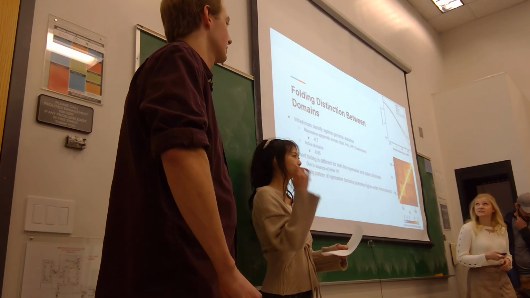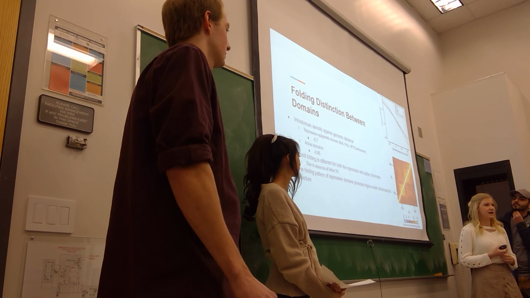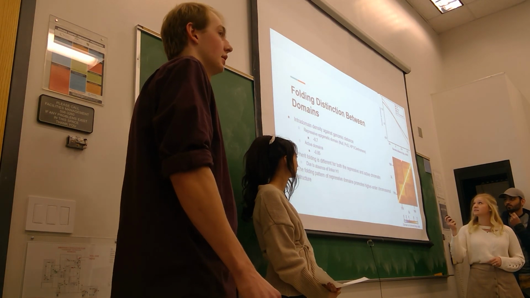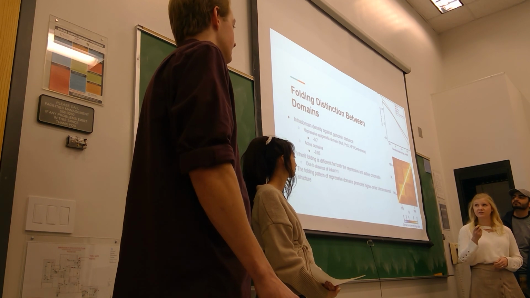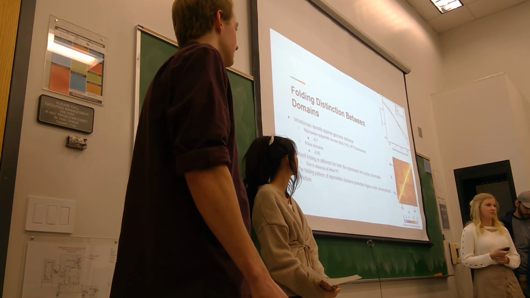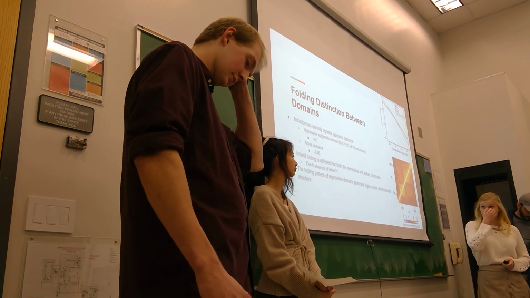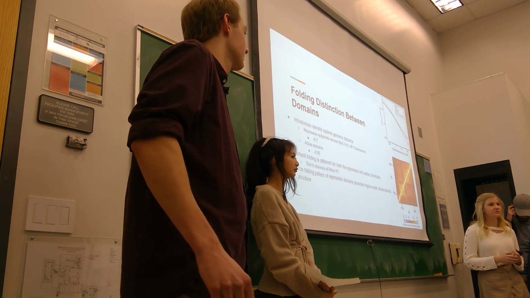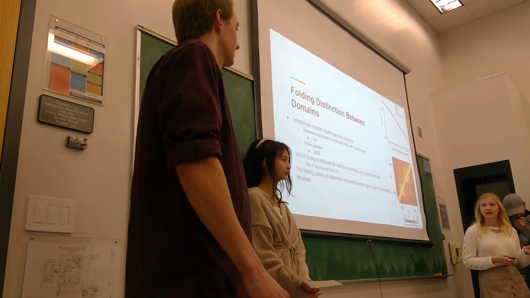So the first thing that they looked at was this graph up here. They looked at intra-domain contact density against genomic distance, and they found an exponential decay for the repressive domain to be negative 0.7, while the active domain was negative 0.85. The significant difference demonstrates that there's different folding within the active domain compared to the repressive domain.